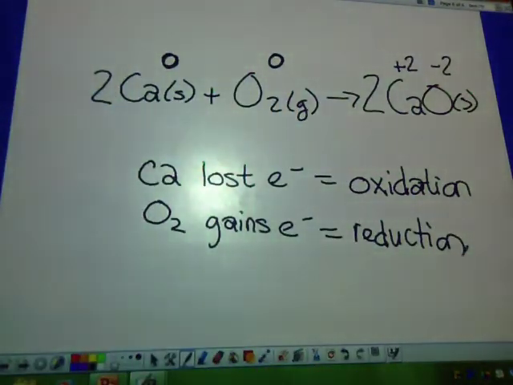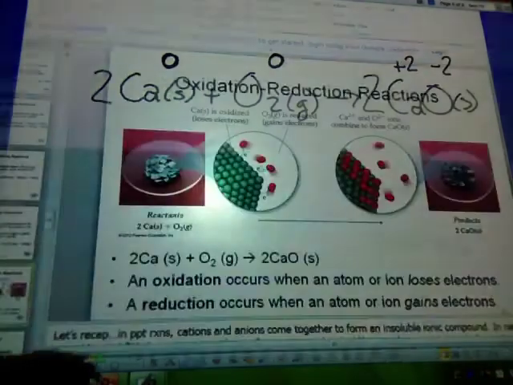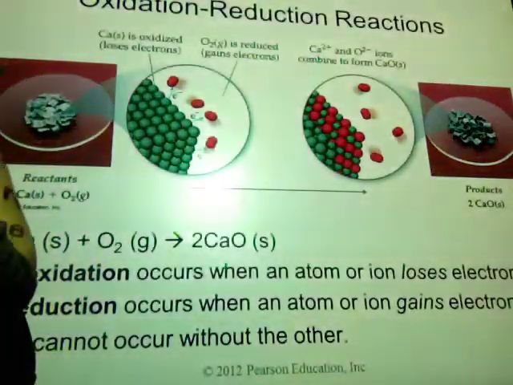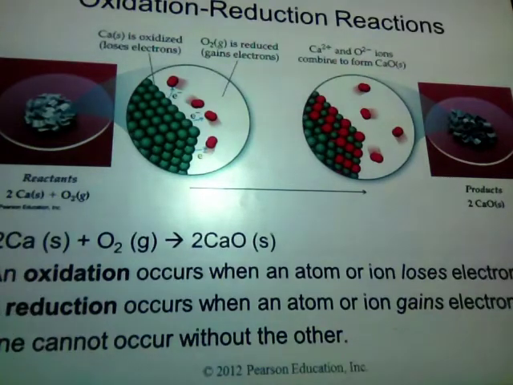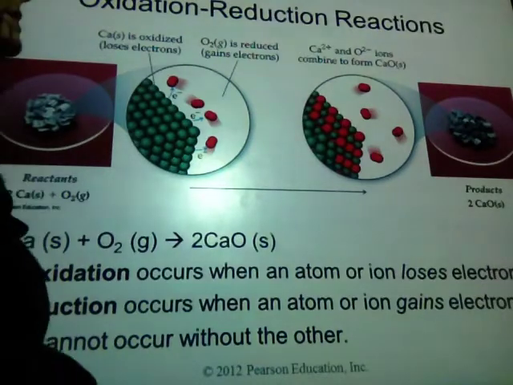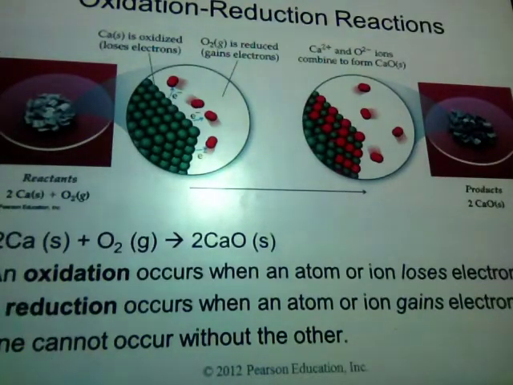For right now, in terms of a redox reaction, that's really the only thing that I'm going to ask you about. I'll give you a reaction, and I will ask you to tell me what's being oxidized and what's being reduced. We're going to get way more into redox reactions in a different chapter.